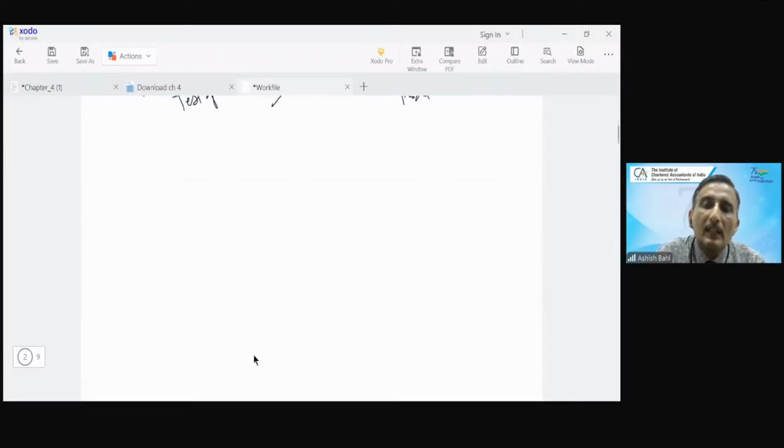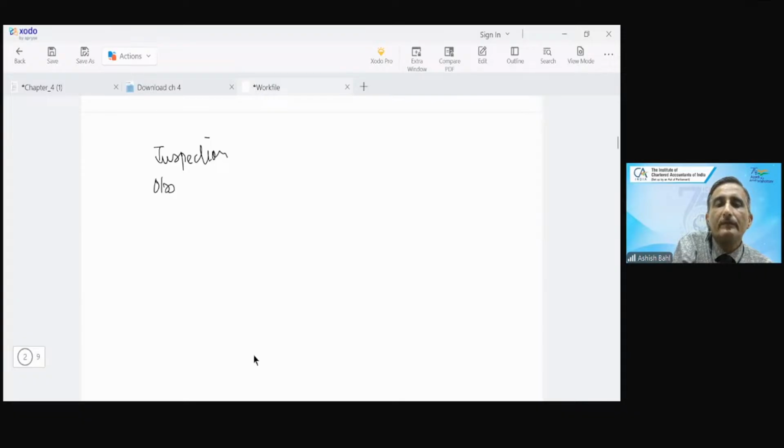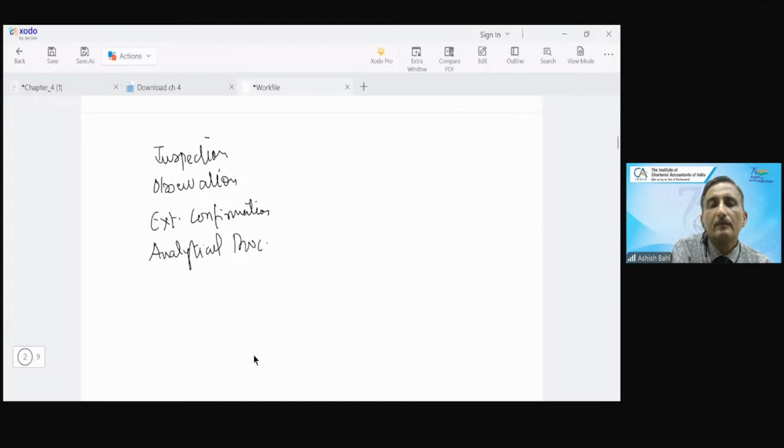Okay, so quickly, students, different types of procedures: inspection, observation, external confirmations, analytical procedures, inquiry, recalculation, and reperformance.